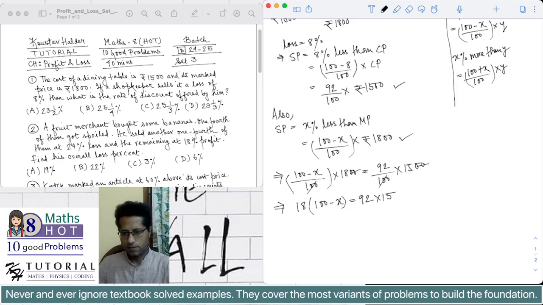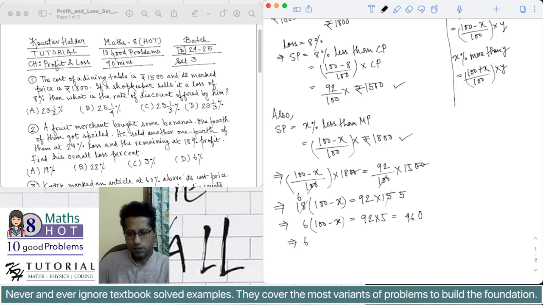Now from here I can see I can also cancel out. I can divide both sides by 3 and I get 6 and 5. So this implies I get 6 multiplied by 100 minus x is equal to 92 multiplied by 5, which is equal to 460. This implies 600 minus 6x is equal to 460.